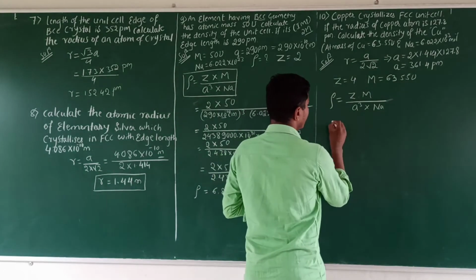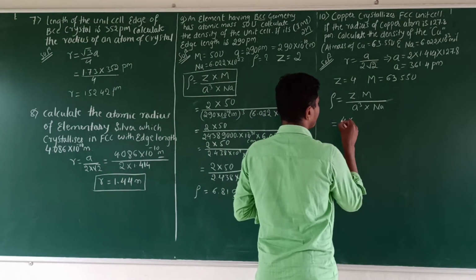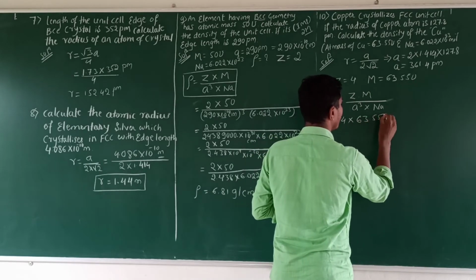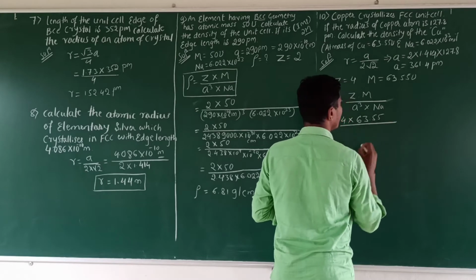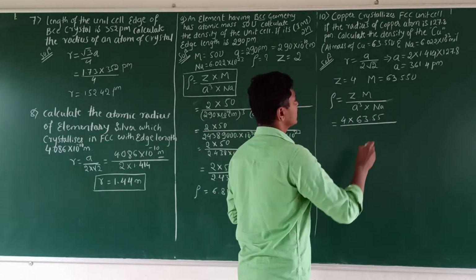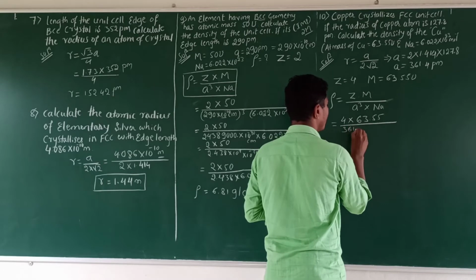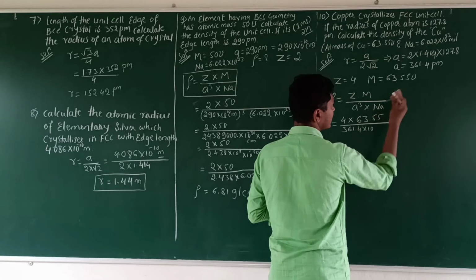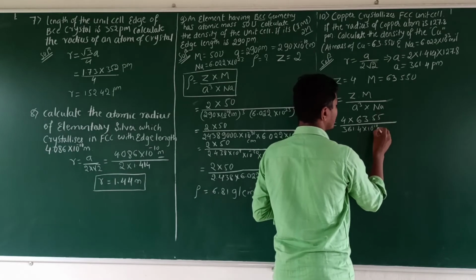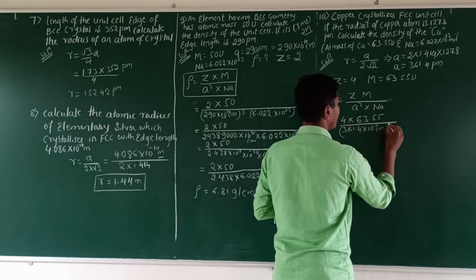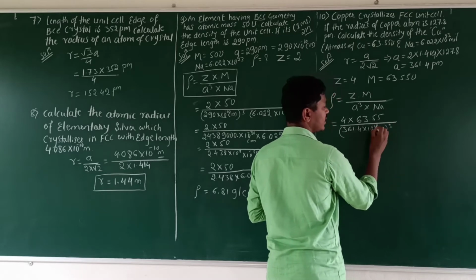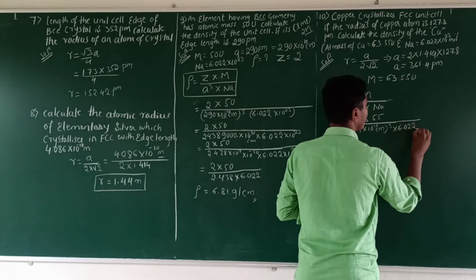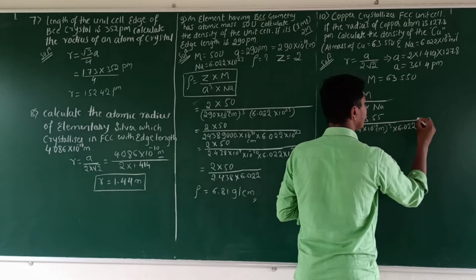Okay. Density: number of atoms is 4, mass is 63.55, divided by A cube. A cube means 361.4 into picometer means 10 to the power minus 12. We are writing the centimeter here. You have to reduce it to 10 into 6.022 into 10 to the power 23.